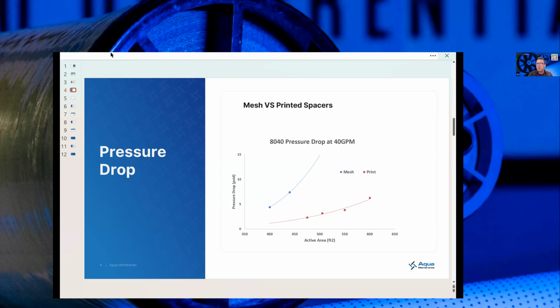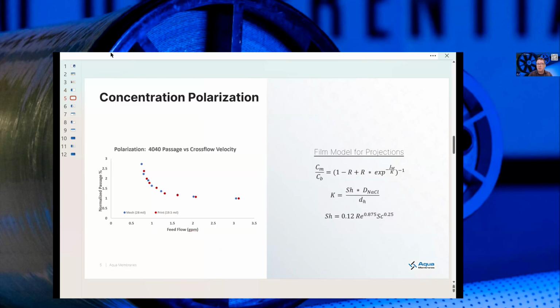So we've done a lot of work internally on concentration polarization, first with a lot of CFD modeling, later with a lot of experimental work, and a fair bit of back and forth to get to the print patterns that we're currently using. In the interest of time, what I'm going to show here is just a quick experimental way of gauging the polarization. That's by looking at the passage versus the feed flow. So what we're essentially doing here is scanning through crossflow velocities.